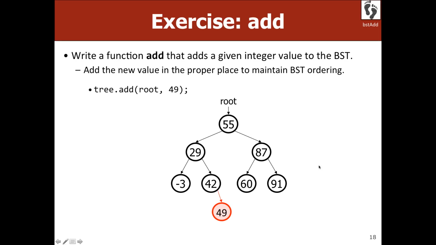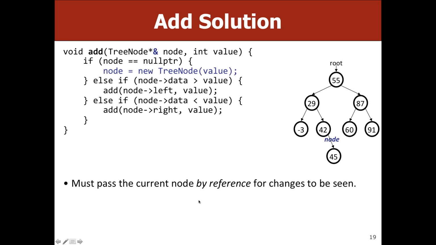So the problem is, here we have this variable node that should be pointing to 45, but it's completely separate from the spot in 42 that should be pointing to 45. Does that make more sense? Okay. This is a pretty subtle point.